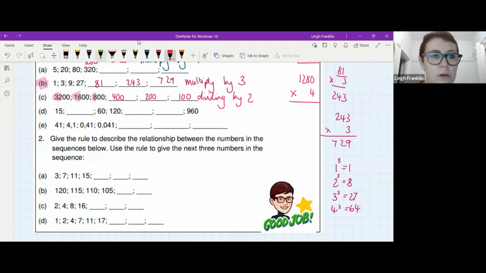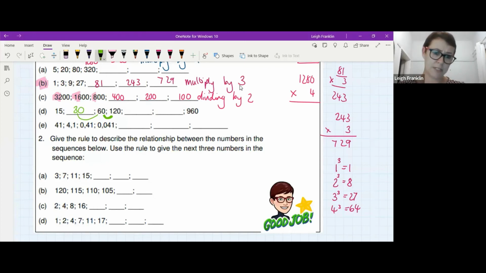Now let's have a look at the next one. If we look at these two numbers, what's the relationship between them? What would I need to do to 60 in order to get to 120? I would have to double it, wouldn't I? So I go back and look at 15. If I double 15, I'd get 30. That makes perfect sense because if I double 30, I'd get 60.